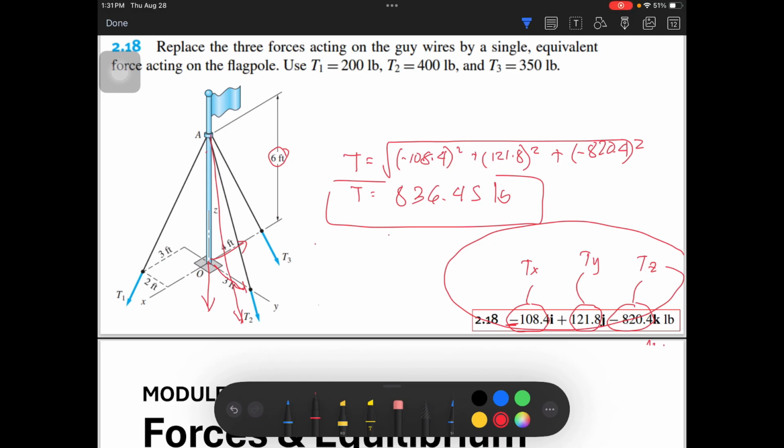Yung formula natin dati na A_x equal to, hindi siya vector, yung magnitude ng force resultant, cosine theta x and cosine theta y.